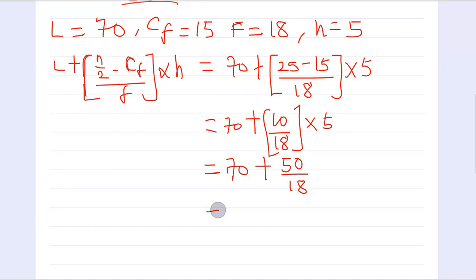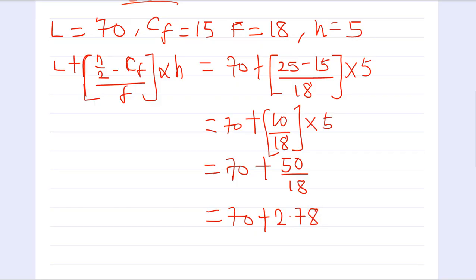So that is 70 plus 50 divided by 18. Let's do that together. 50 divided by 18 is 2.7777, so that's 2.78 approximately.